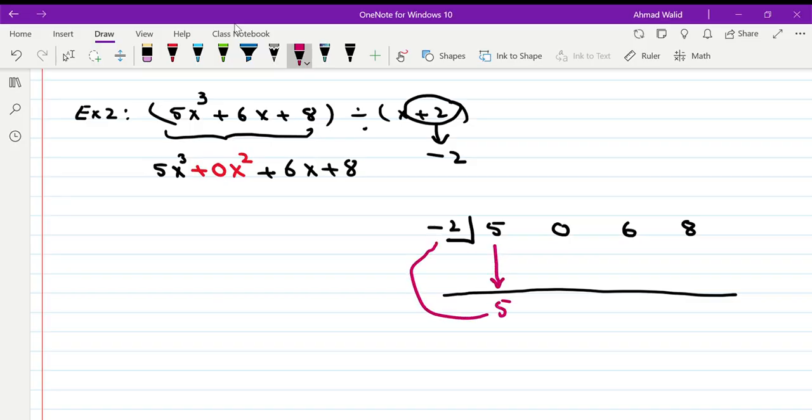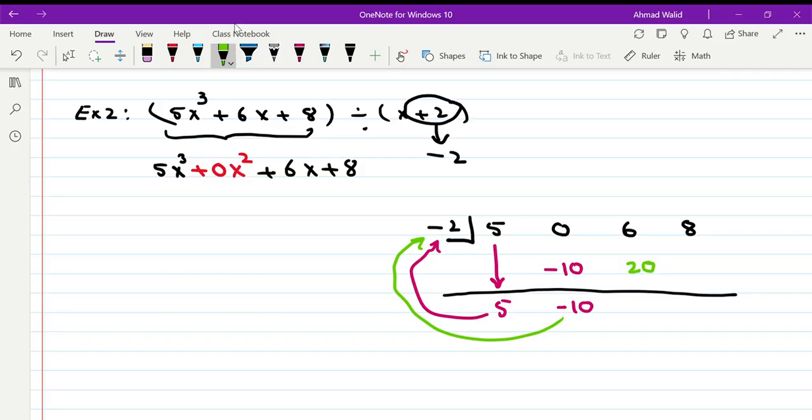Multiply these two. 5 times negative 2 gives me negative 10. Above the line under the next column, add 0 minus 10 gives me negative 10.